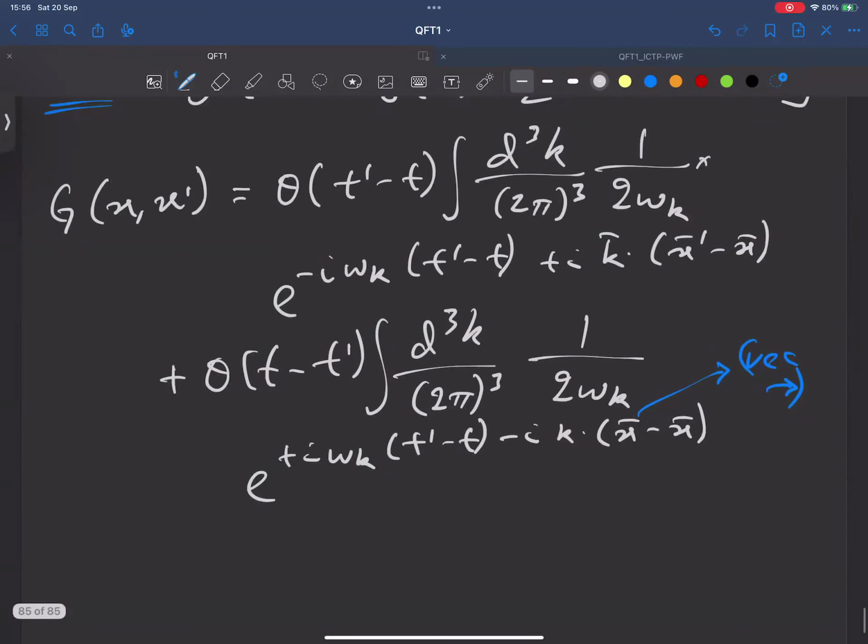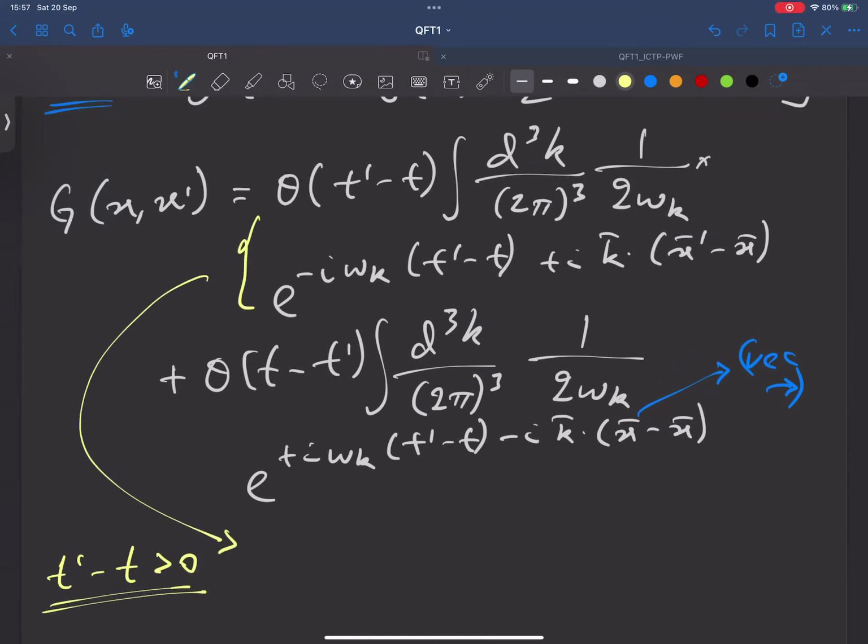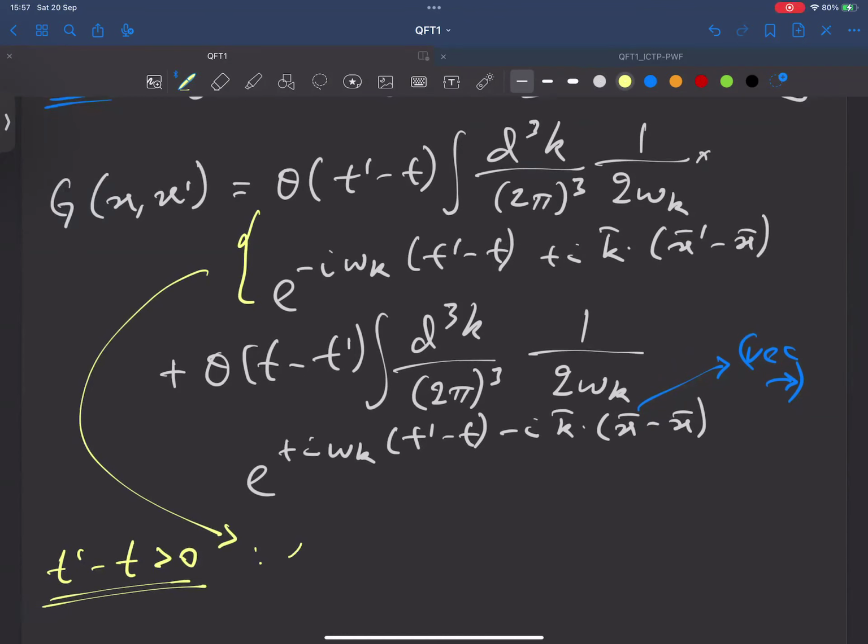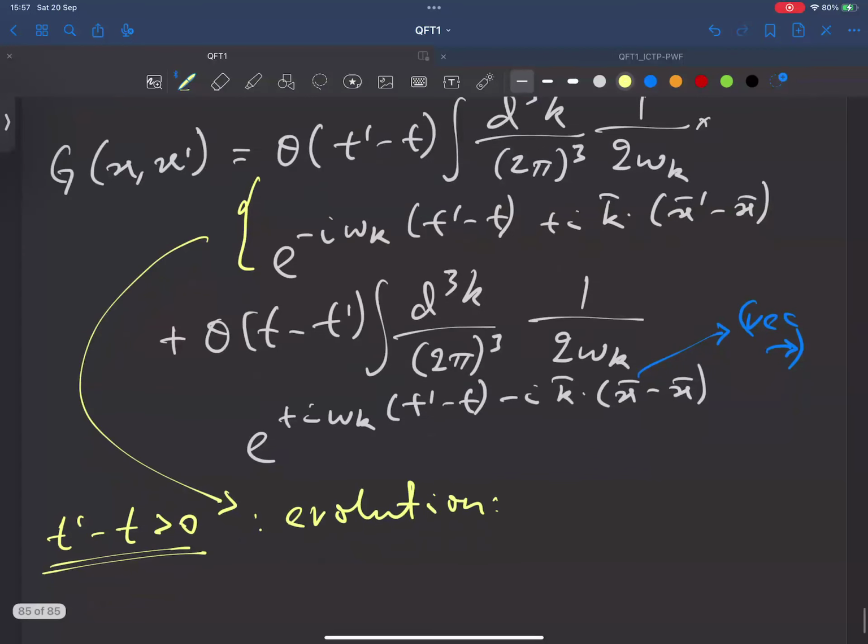Before that, let me mention that when t prime minus t is greater than 0, that is this part, then the evolution happens with a factor like this, t prime minus t.